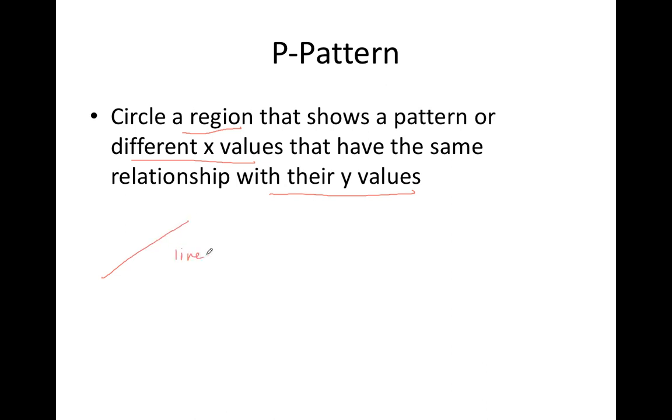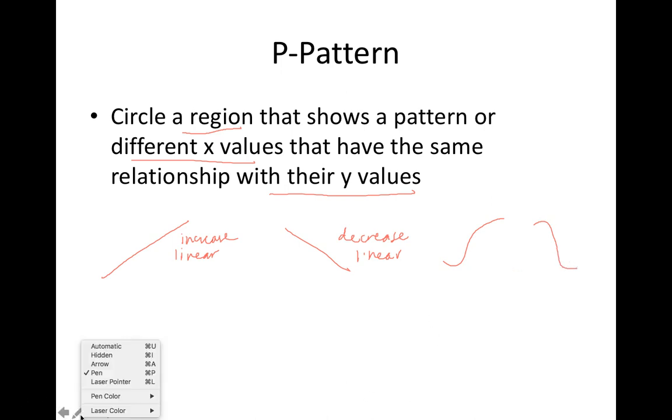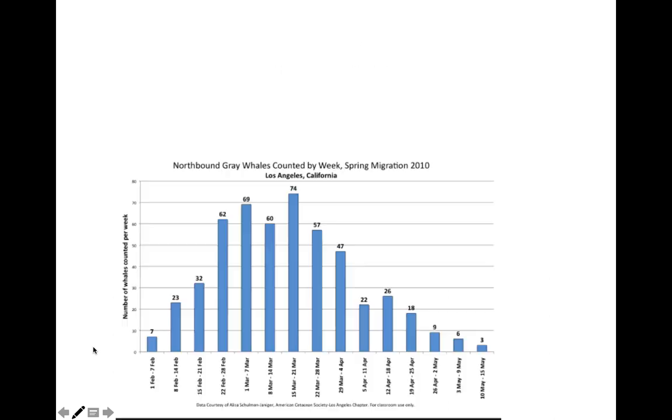So this is what we call a linear relationship. So this is like an increase that's linear. Also, you could have a decrease that's linear as well. Okay. You could have a curve for increasing up or down.